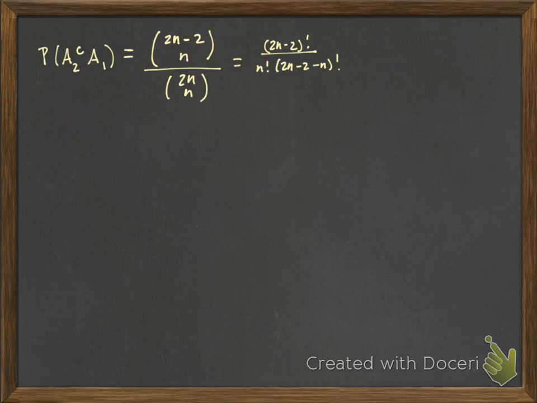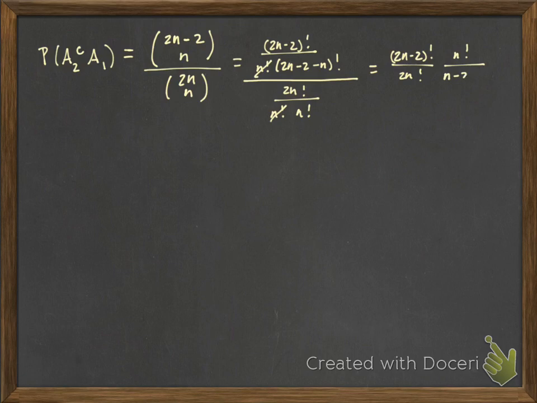Again, we've already done this, all over (2n) factorial over n factorial, n factorial. Again, one of those cancels. This time it's slightly different, right? So then I have (2n minus 2) factorial over (2n) factorial. And we have the n factorial here, but this time we have (n minus 2) factorial.